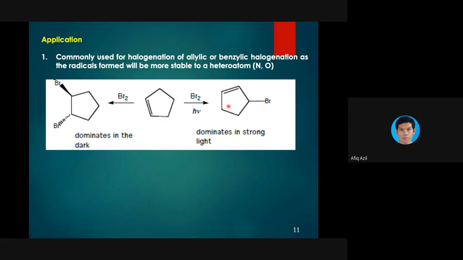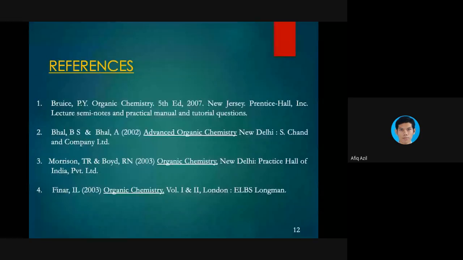These 2 other carbons are considered to be in the same environment, to be equal. So you can have the bromine substitute the hydrogen at this carbon, or at this carbon.